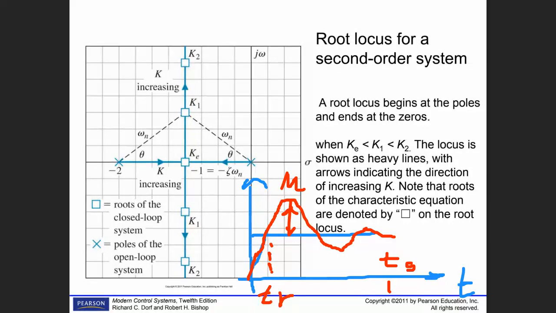For this point, for example, O should probably be something like this.